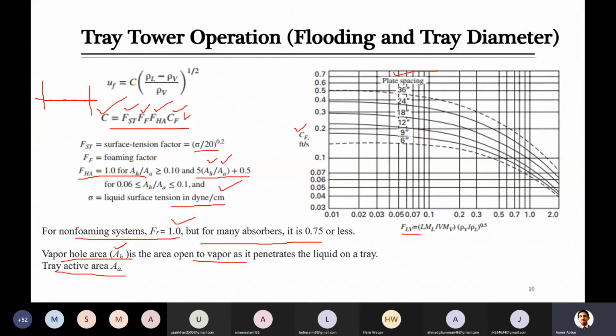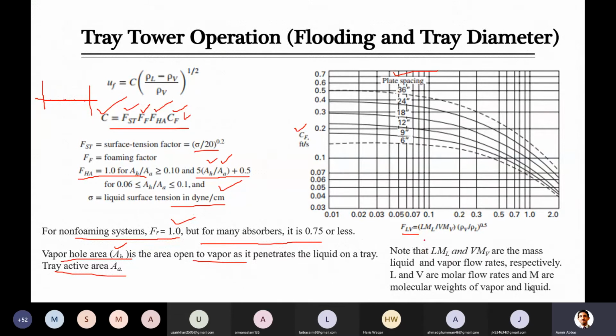So this FLV is a ratio between the liquid and vapor flow rates and their densities. If you remember, when we started the discussion of this design, L was the liquid molar flow rate and V the vapor molar flow rate.